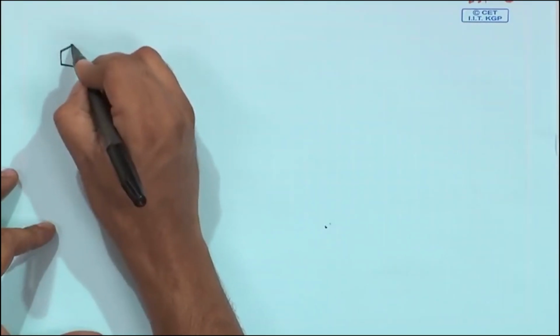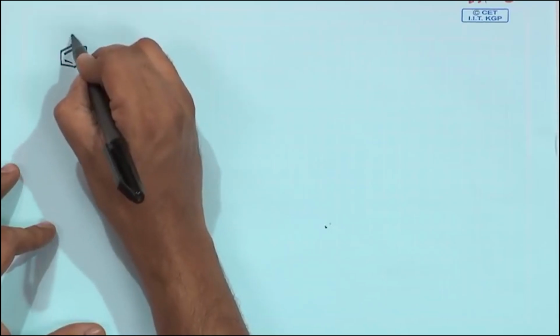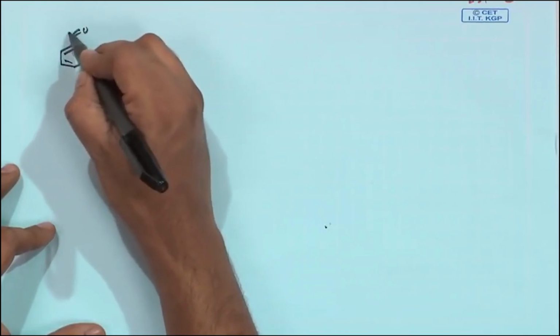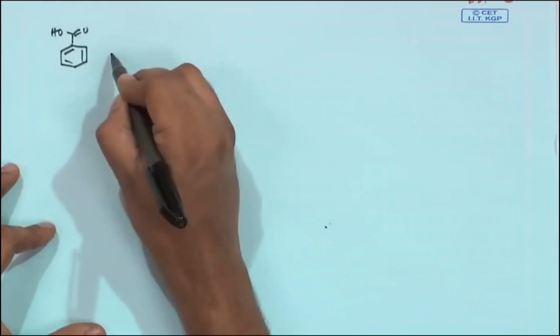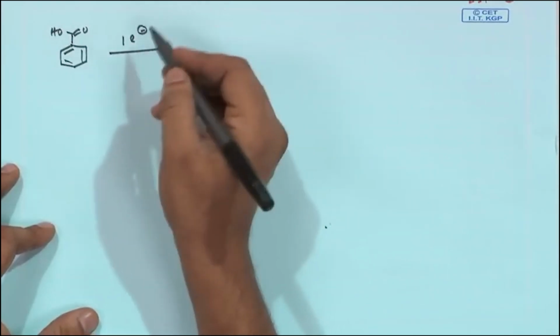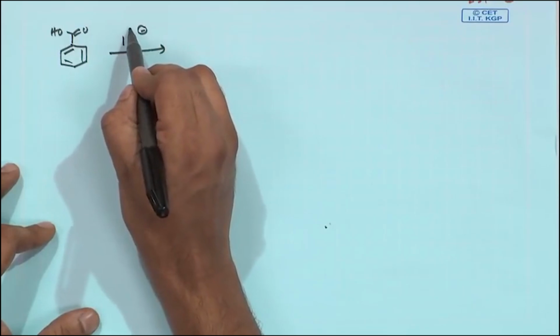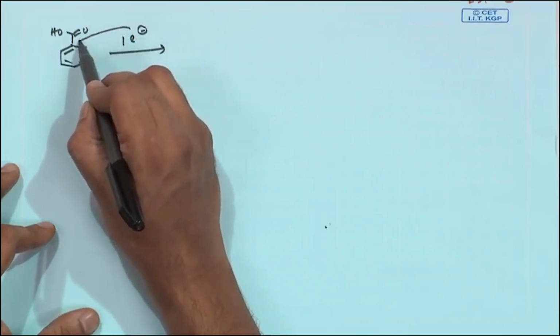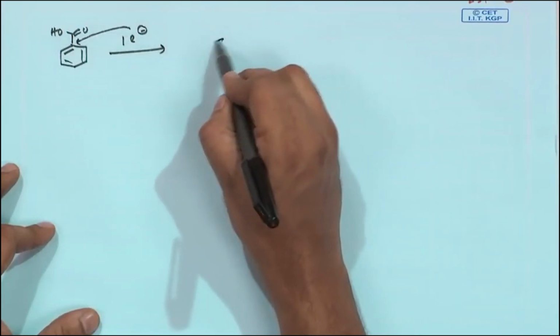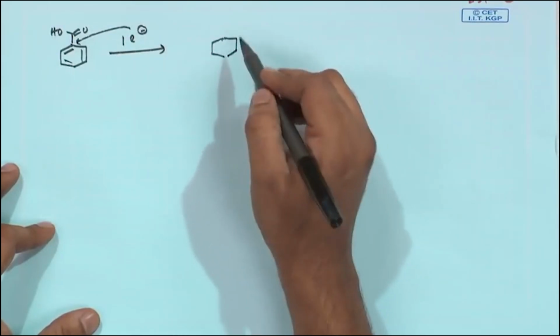Now, the next scenario: if you have an electron withdrawing group like CO2H, or carboxylic acid. What happens? You are taking one electron which has been generated from this. This one electron is transferred to this ipso carbon, because it is an electron withdrawing group, it can accept further negative charge.